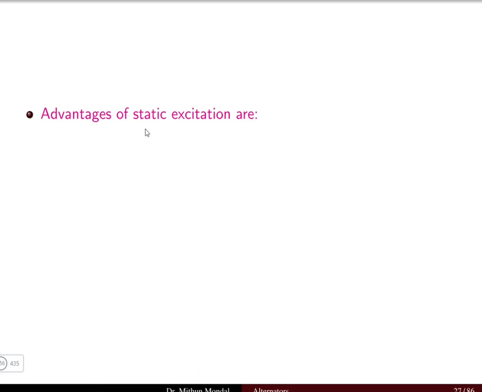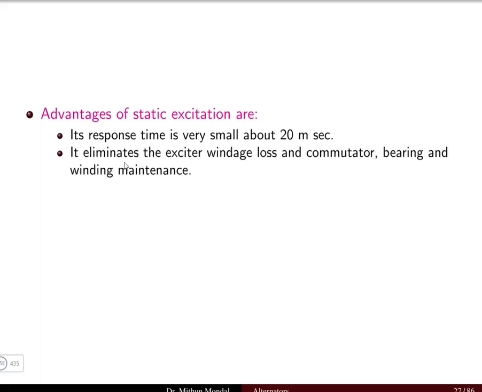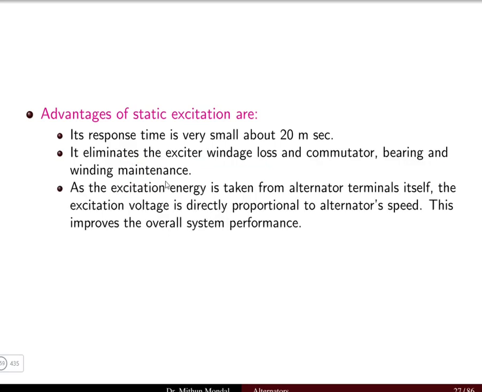There are some advantages of using the static excitation system. Generally, the response time of the static excitation system is very small, about 20 milliseconds. It eliminates the exciter winding loss and commutator, bearing and winding maintenance. So certain losses are eliminated.